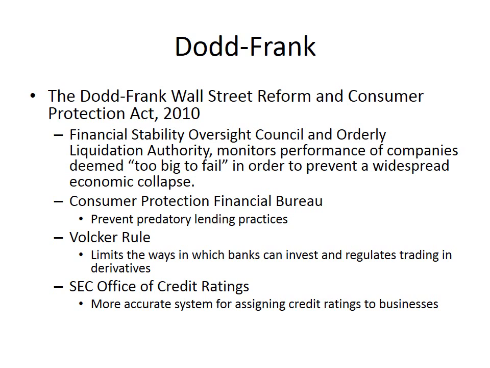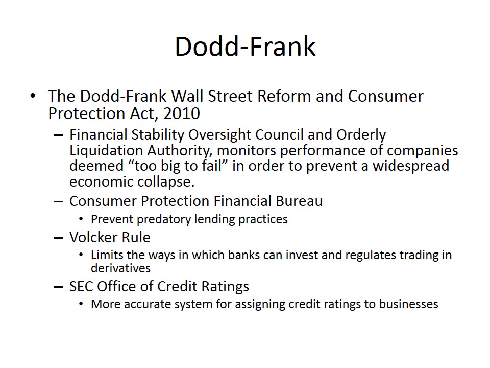And you can see here what it is. A number of bureaucratic agencies are created to oversee the financial sector. The Financial Stability Oversight Council and Orderly Liquidation Authority, which monitors the performance of companies deemed too big to fail in order to prevent a widespread economic collapse. This is to prevent the too big to fail idea. The Consumer Financial Protection Bureau, which prevents predatory lending practices that we talked about earlier.